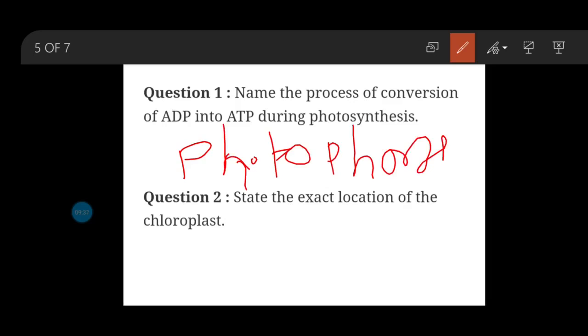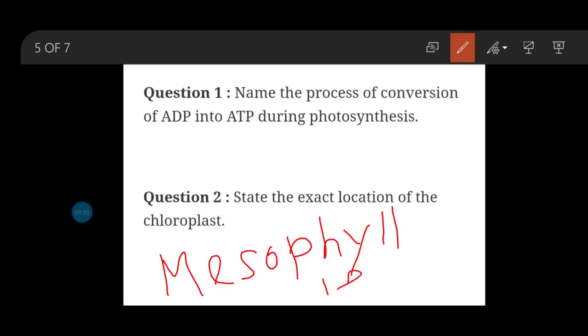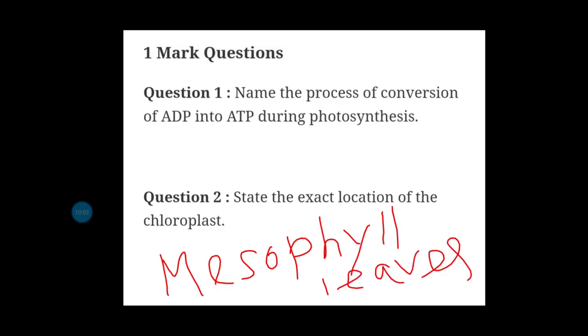So the process is known as photophosphorylation. Okay, now in the second question, state the exact location of chloroplast. So chloroplast is located in the mesophyll cells of leaves.